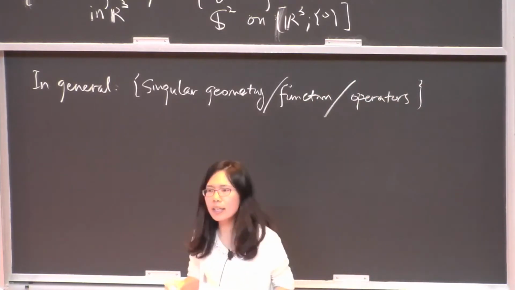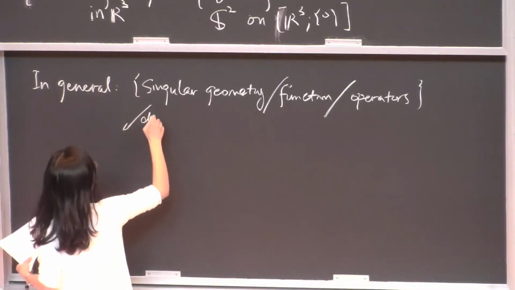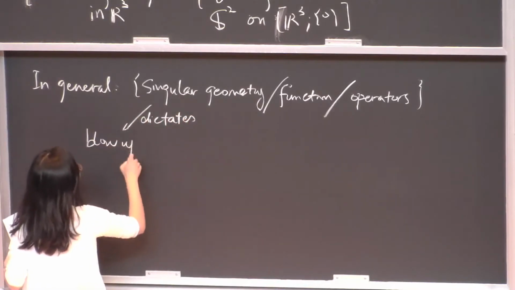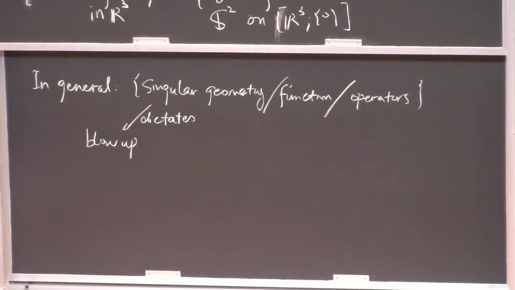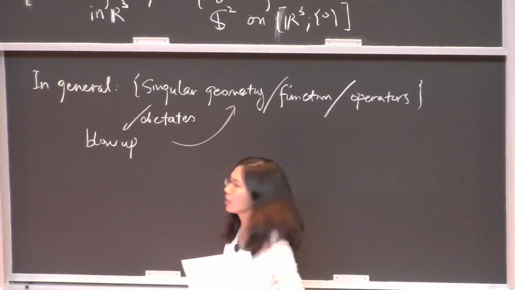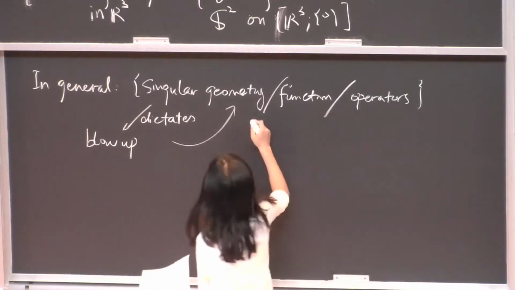And usually the singularity would dictate what kind of blow-up or resolution we should do on the space to resolve the singularity. And in return, this blow-up will give us new information. And this will help in two ways.